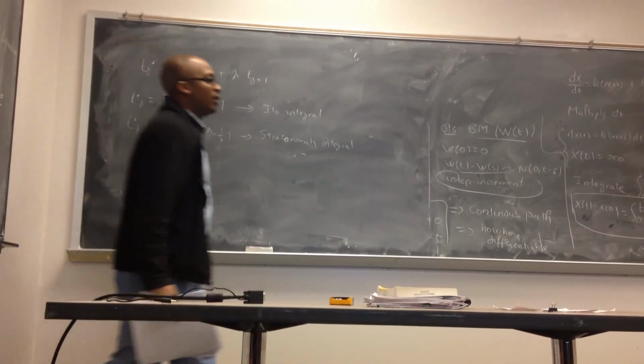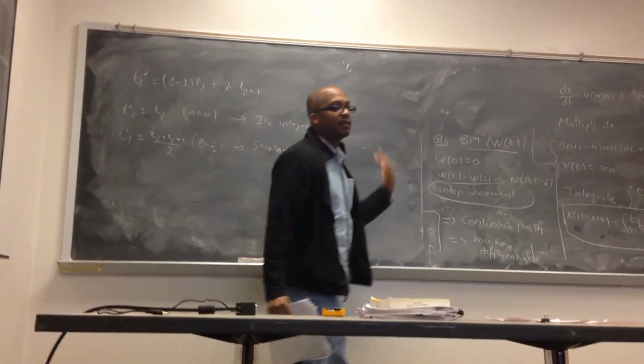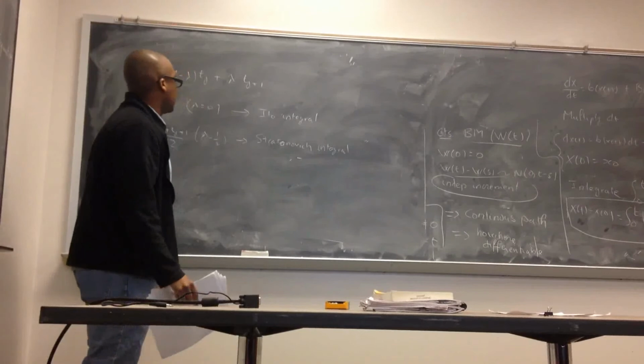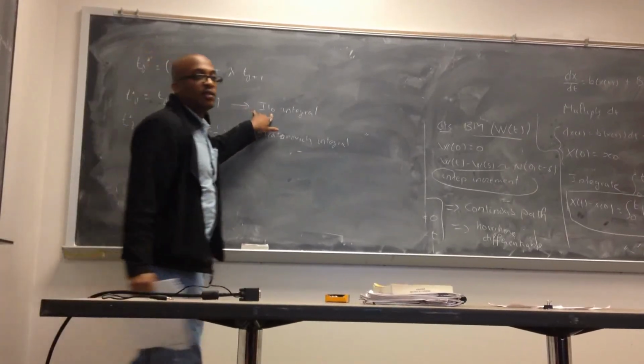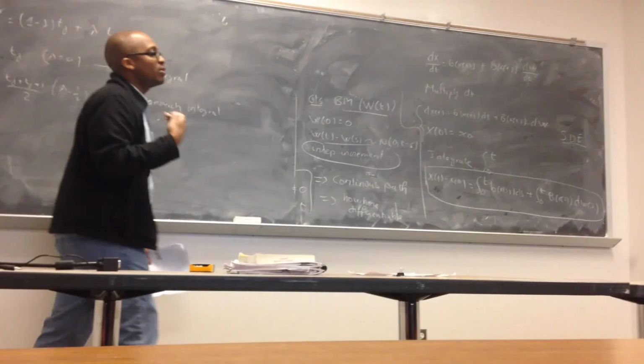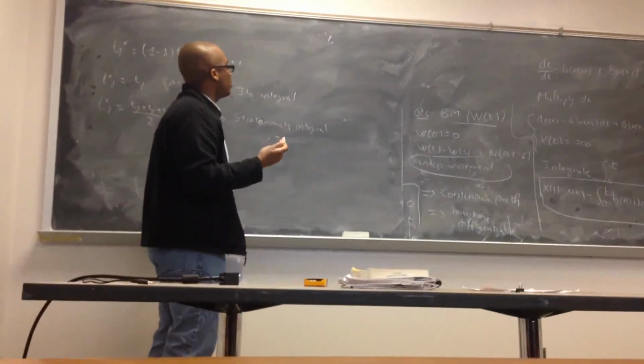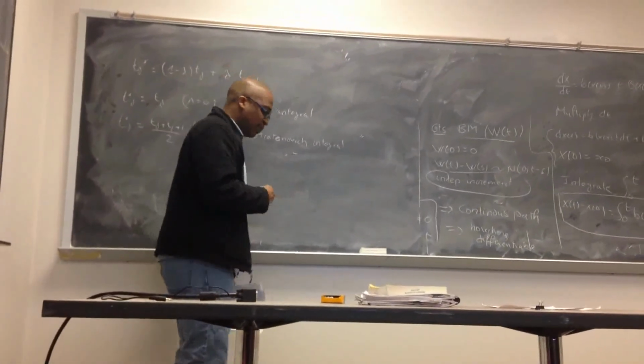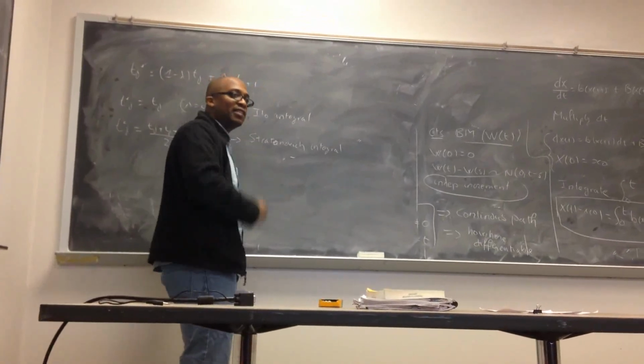After that, you can take lambda to be anywhere between TG and TG plus 1. If you do that, you're going to have a different type of integral. And because you don't know what's going to happen in the future, you're limited by the information that you have at time TG.